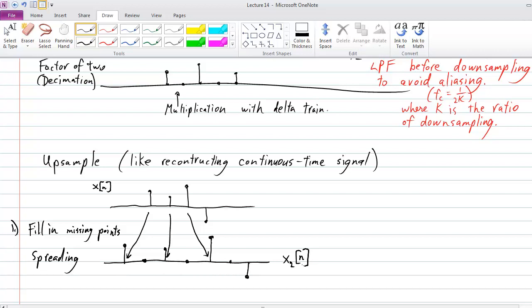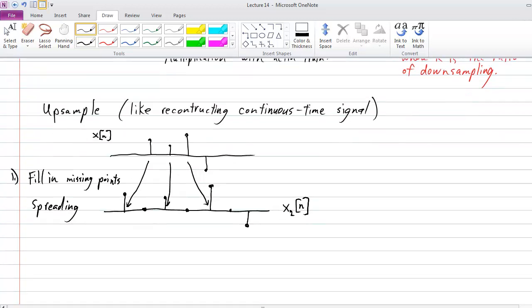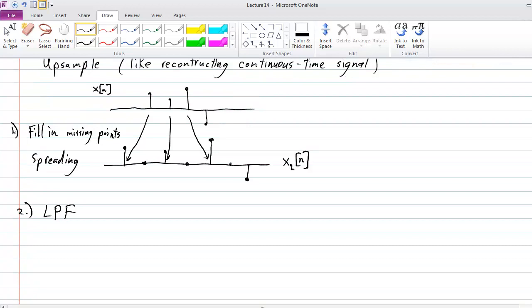Okay. And then what do we do for our final step? Any guess how we fill in the missing values? We low-pass filter. So this is a lot like reconstructing the continuous time signal from the samples. We're reconstructing a higher sampling frequency from a lower sampling frequency.